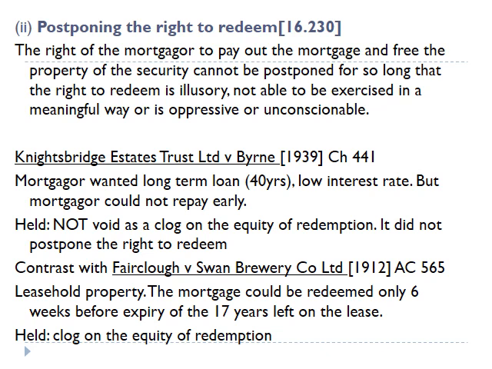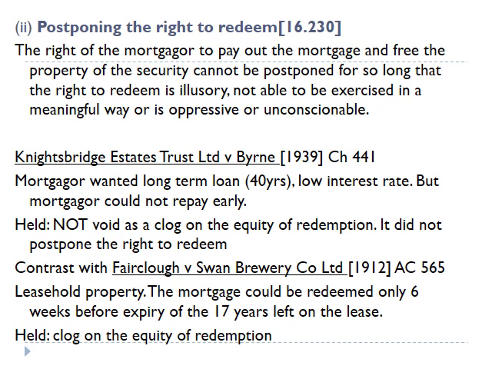So if the postponement is for a very long period, the right to redeem is said to be illusory, and that is what's called a fetter on the right to redeem and will be struck down by the courts.